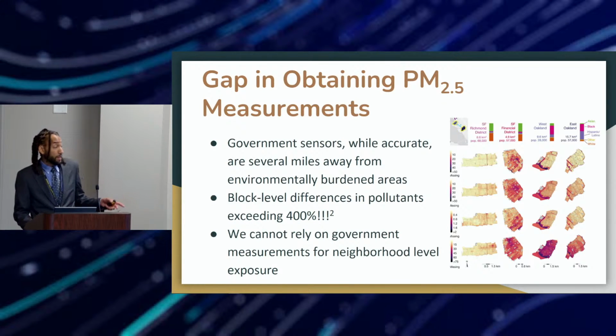An example of this is on the right-hand side of my screen. You'll see 4 different districts. 2 of them are in the San Francisco area and the other 2 are in the Oakland area. This is a separate study than what we've done here at CEEJH, but it shows the same rationale. What we're able to see is that there are block level differences in PM levels exceeding 400%.